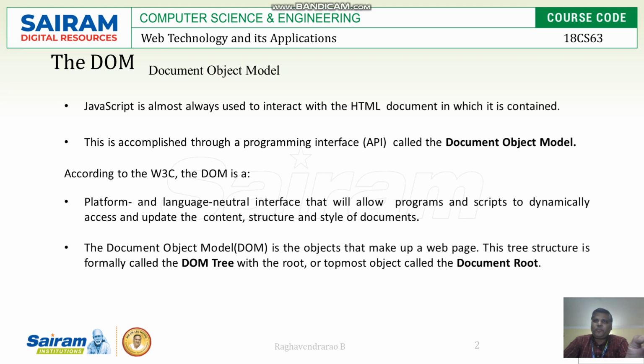And the topmost object in that is called the DOM root. This will be explained in the next slide. Now you understood what a DOM object is. DOM is nothing but the document object model. It is an API, and you can directly use that API to access the data.